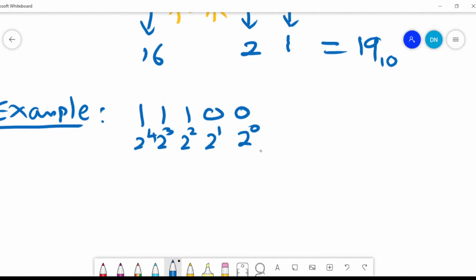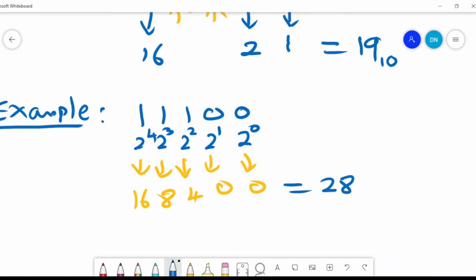So definitely this one will be 0, this one will be 0, this one will be 4, this one will be 8, and that one will be 16. And that will give me 28 to base 10. So that binary number to base 2 is equal to 28 to base 10.